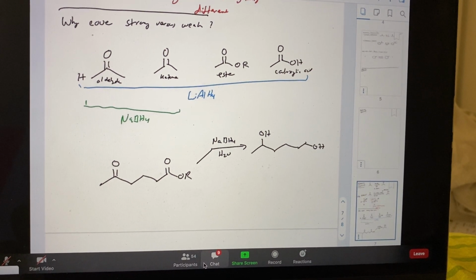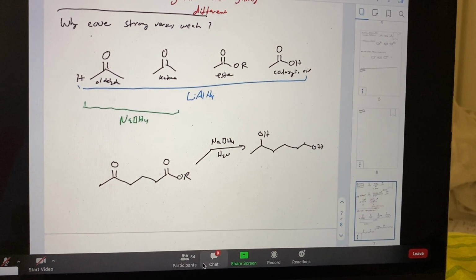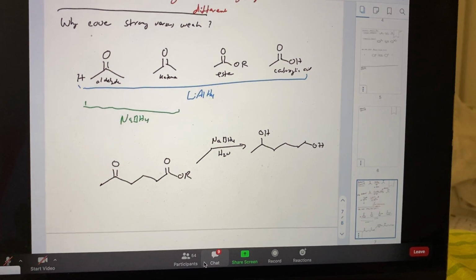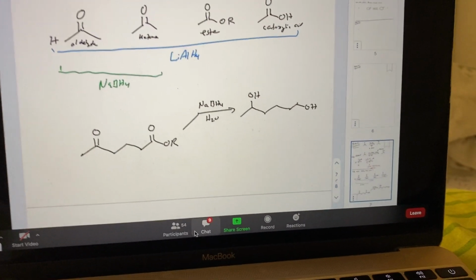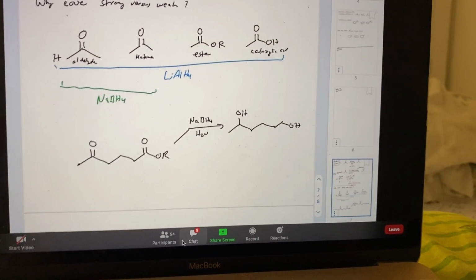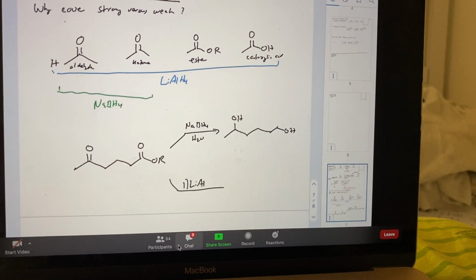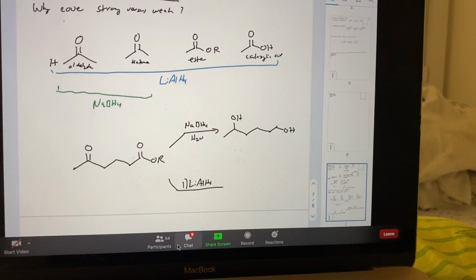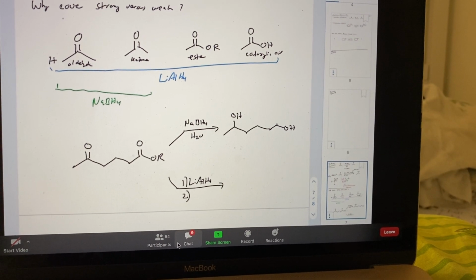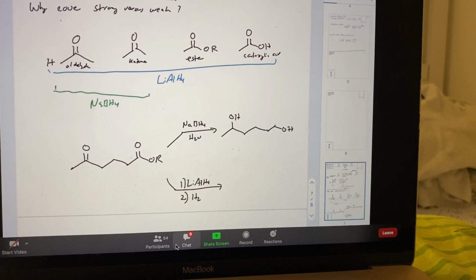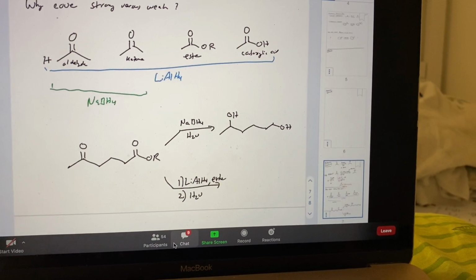And we haven't gone through the mechanism of the reduction of an ester. We'll do that soon. However, if we use lithium aluminum hydride, and in the second step, water, I should put ether here.